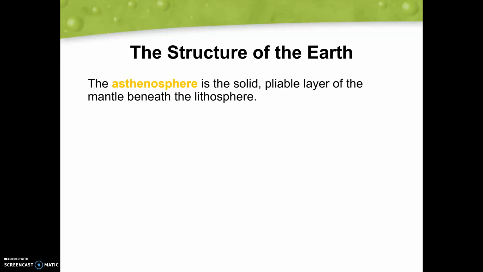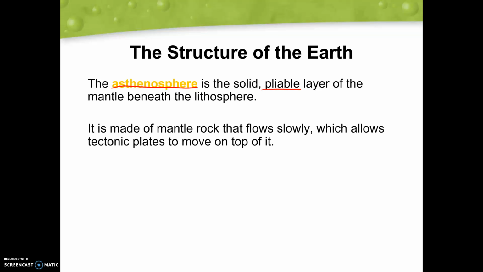Our next layer here is going to be the asthenosphere. It is a solid and pliable layer of the mantle beneath the lithosphere. So going inner towards the Earth here, it's made up of mantle rock, and it flows slowly, so it allows the tectonic plates to move on top of it.